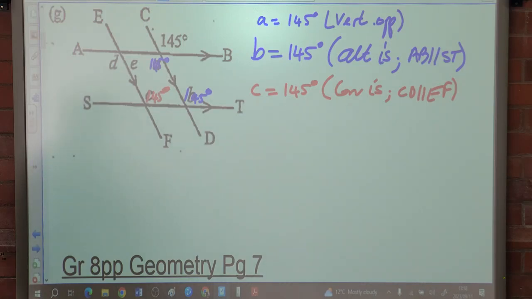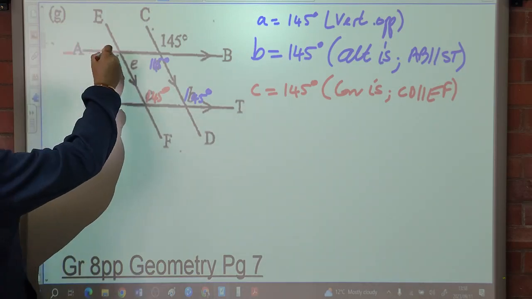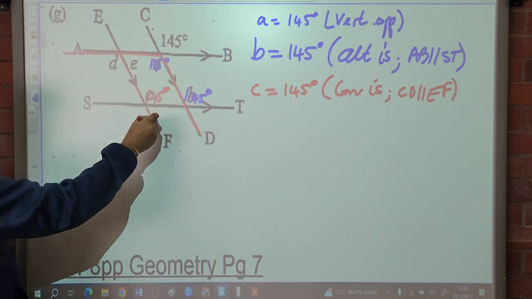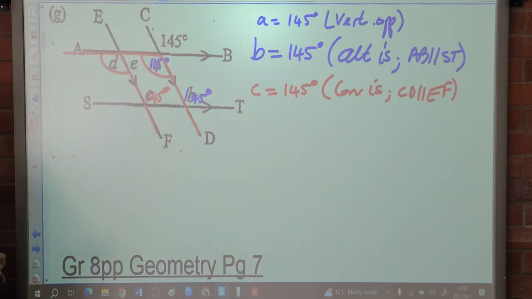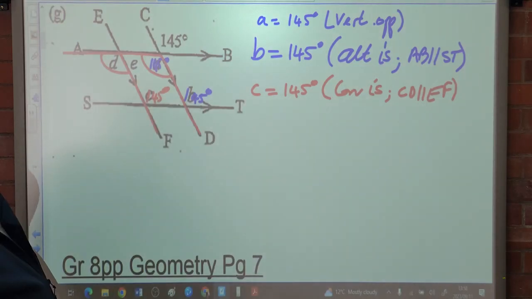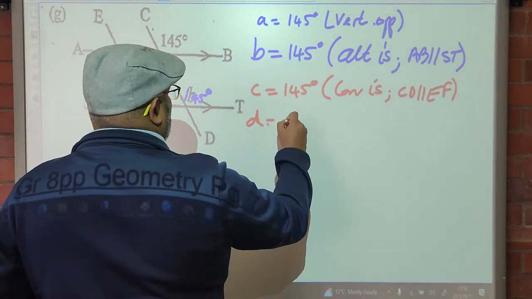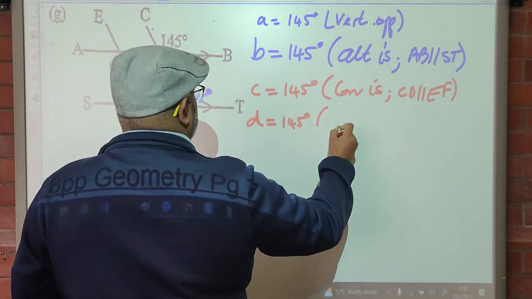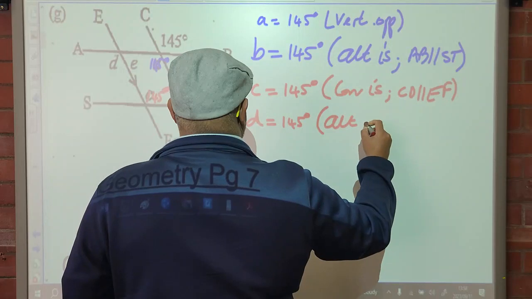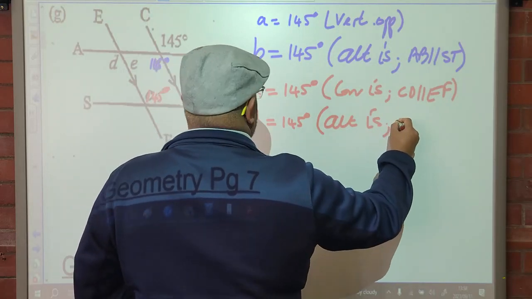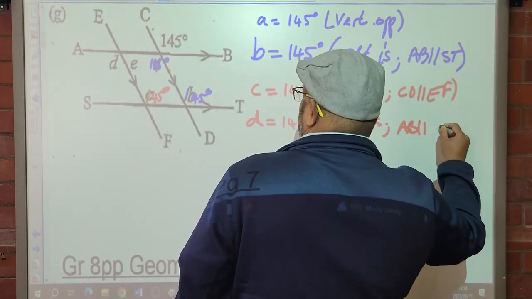Corresponding to 145 for A, or this way, absolutely. That's also correct. Sorry, I thought you were moving the other way around. So D is 145. Alternate angles with AB being parallel to ST.